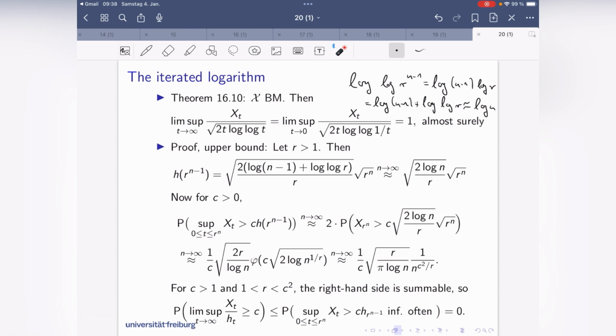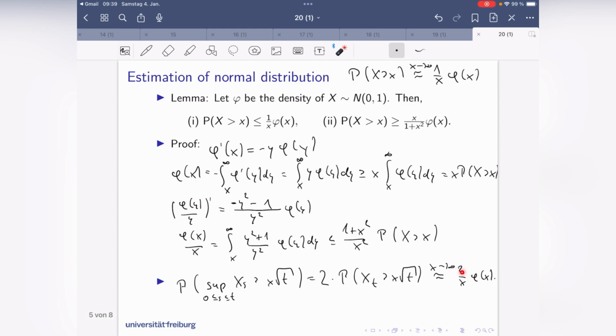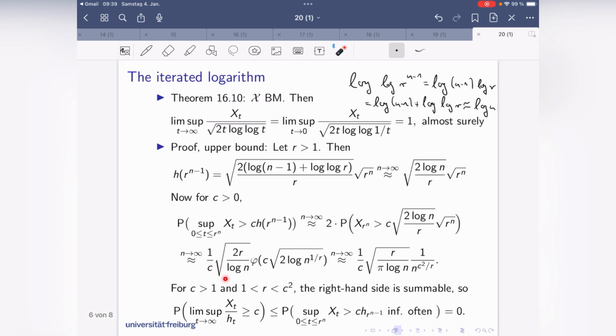So 2 divided by c divided by, well, this thing here. I have the r divided by log n. I have a 2 from here, and I have a 2 from here, which means that I have this thing here, times phi of what stands in front of this thing here.